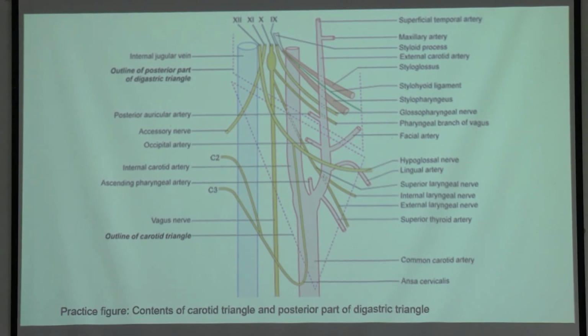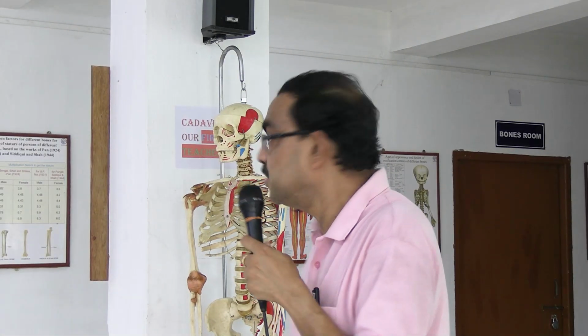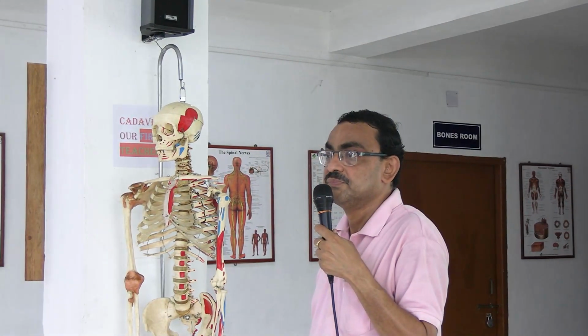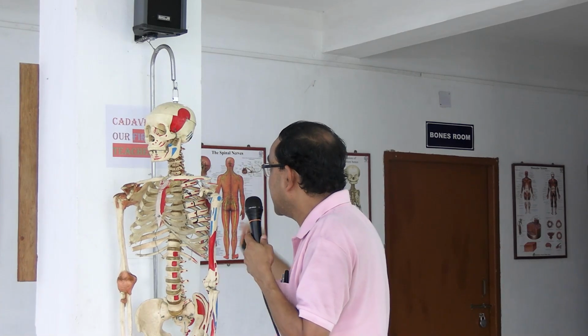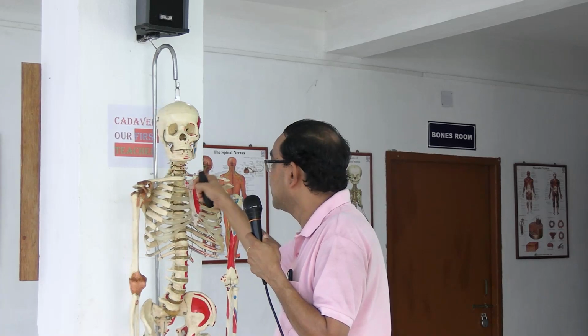Within the cranial cavity there is the transverse sinus, then the sigmoid sinus, which passes to the jugular foramen. Posterior part of the jugular foramen, which is present in the occipital bone, that vein is called the internal jugular vein. Another vein comes from the superior extremity, the subclavian vein.